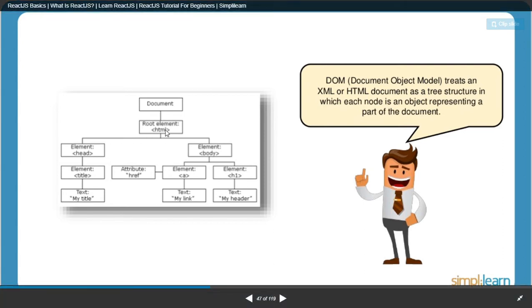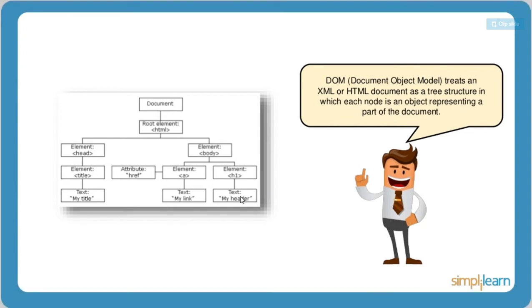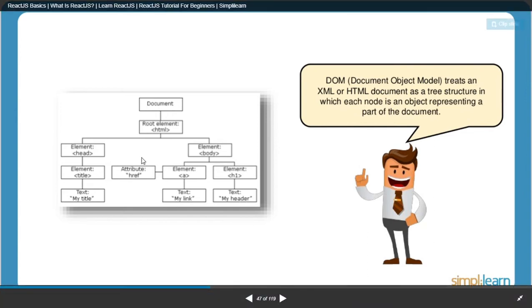In the HTML, you have a root element html, and you will have a head and a body. In the body, whatever you are rendering in your DOM, like h1 text, everything will be created as a document tree in React. This is nothing but a virtual DOM.